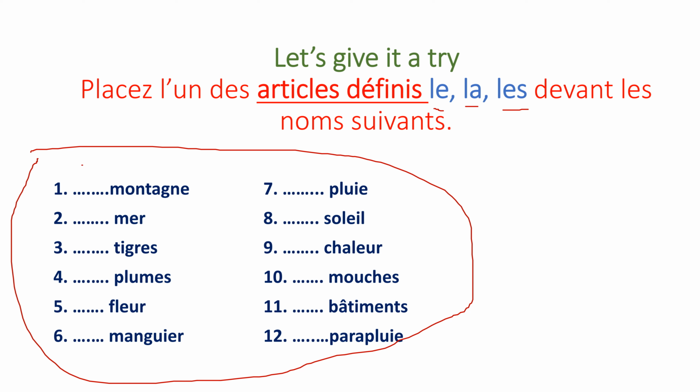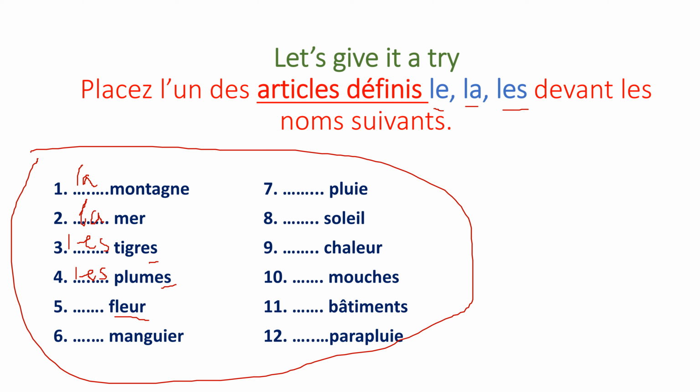So montagne is feminine, so we're going to put la. Mer is also feminine, we're going to put la. Now, tigre and plume. What does the S mean? The S is indicative of a plural noun. Therefore, if it is plural, we put LES. And the same for plume. We put LES, right?